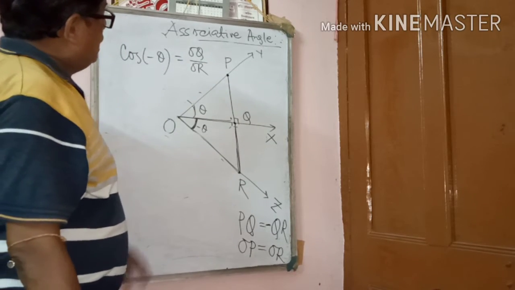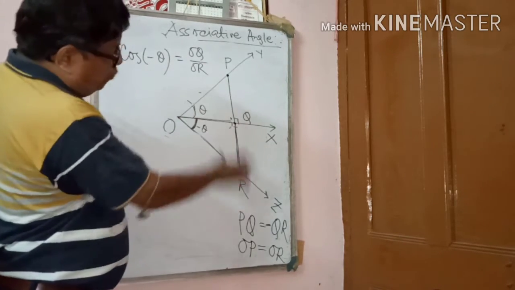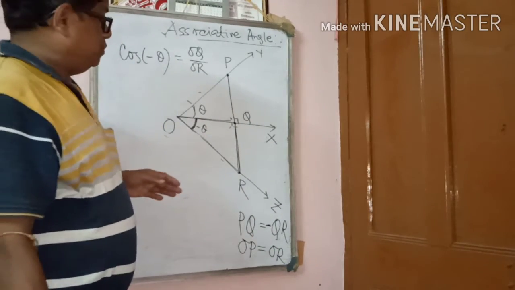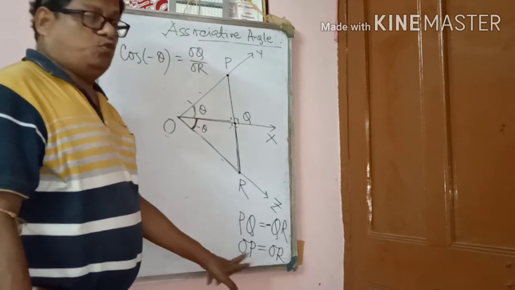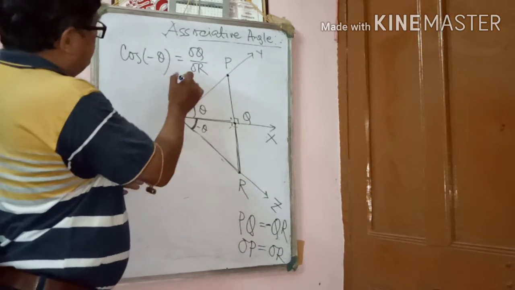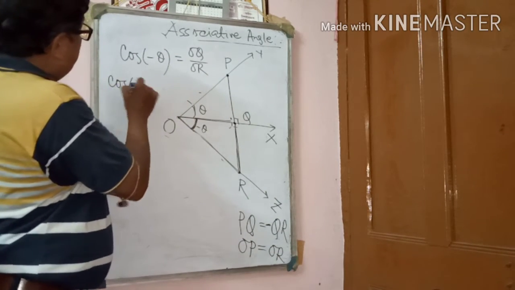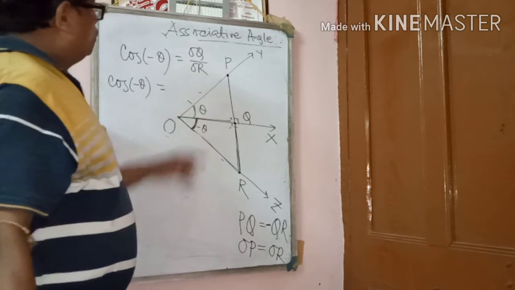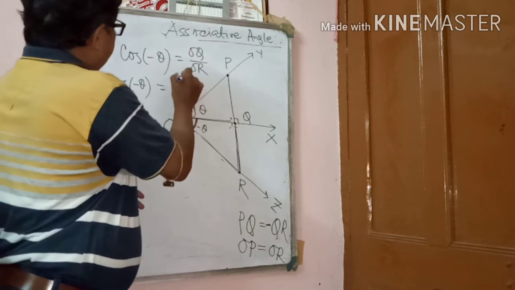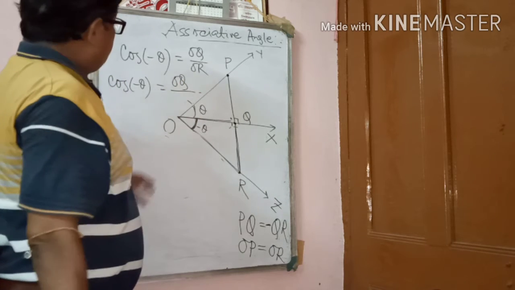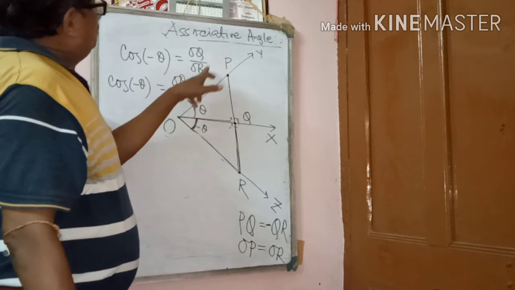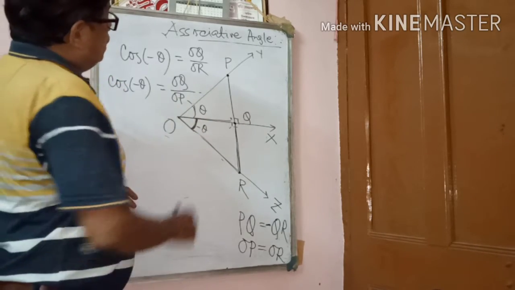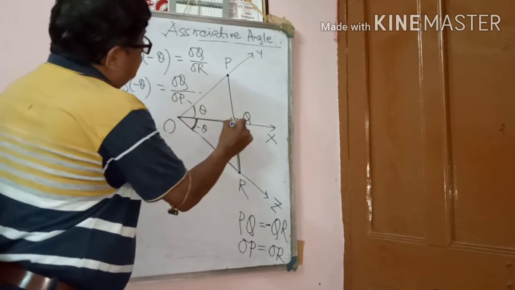Since OR equals OP, we can write cos minus theta equals OQ by OP.